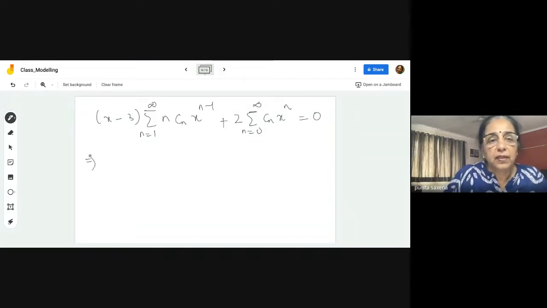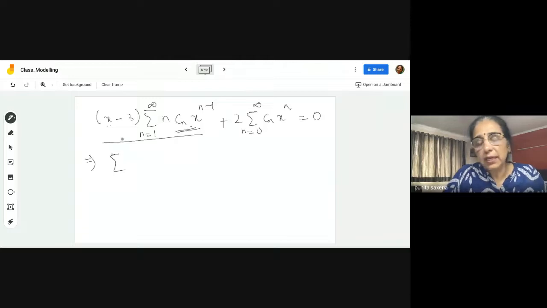Now see, when I have the first term, I can split it into two terms. One with x, that means I multiply every term of this series with x, I get one term. I multiply every term of this series with -3, I get another term. So I'm going to get n from 1 to infinity, n cn, I have an x here and x to the n minus 1 here.